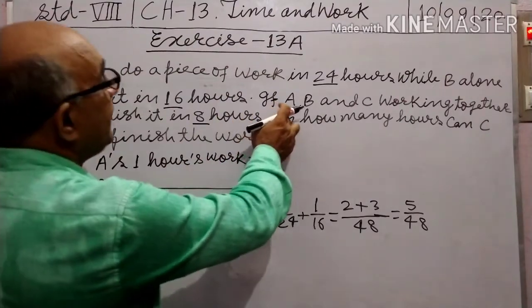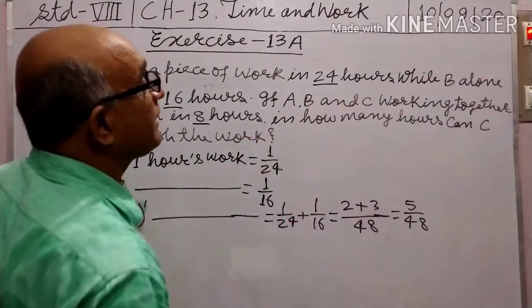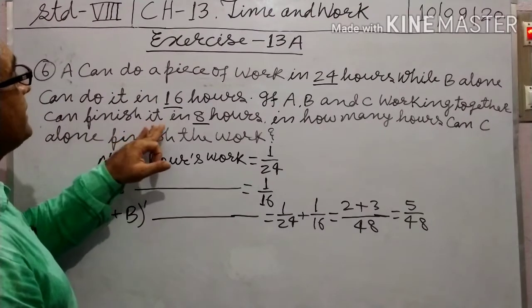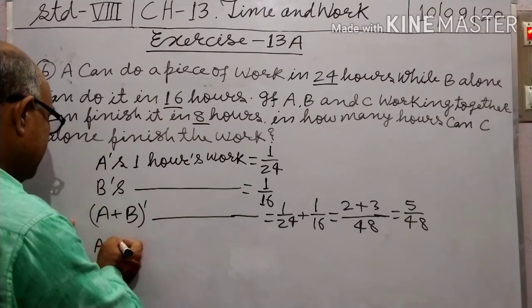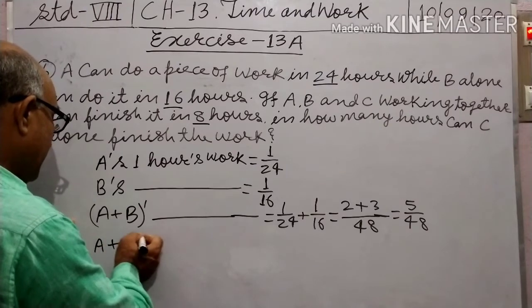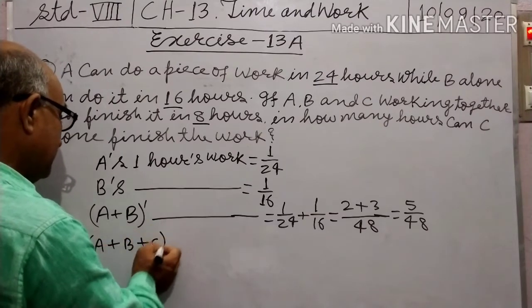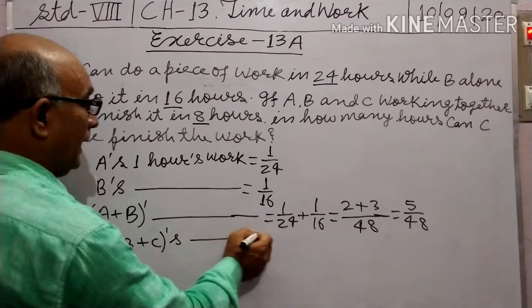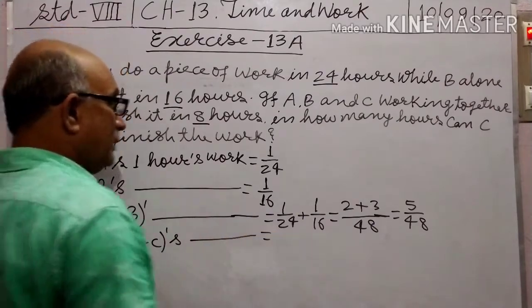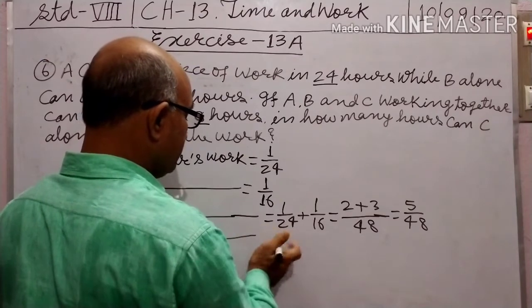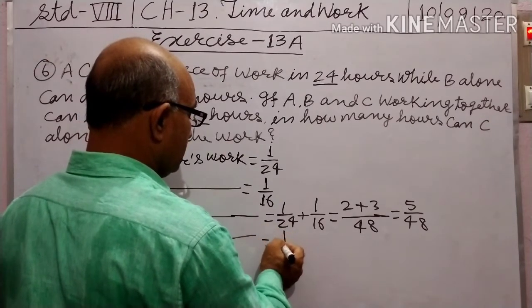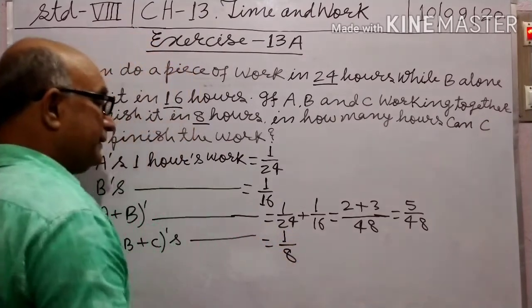Now, if A, B and C working together can finish it in 8 hours, so A plus B plus C's 1 hour's work equals 1 by 8.